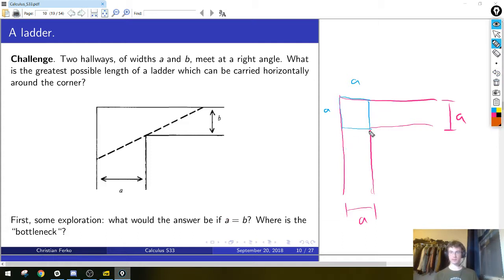So this right here is the bottleneck. So using, as you've said, kind of Pythagoras and this unit square that says, okay, this distance is a here, and this distance here is also a. What is the longest ladder that could fit around the corner passing through this bottleneck?